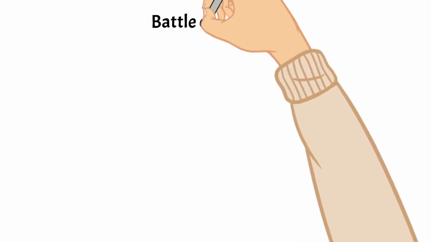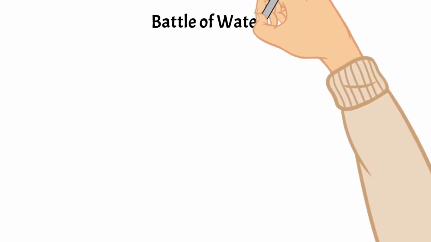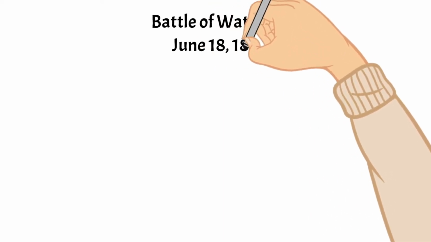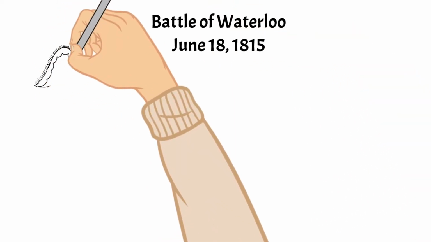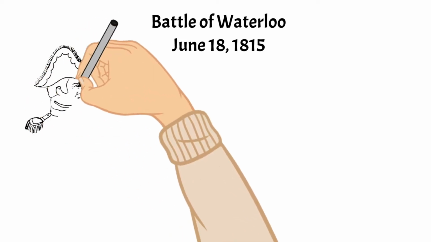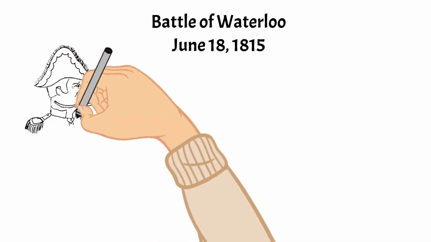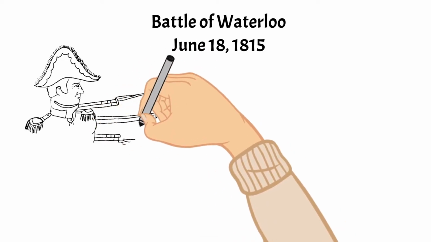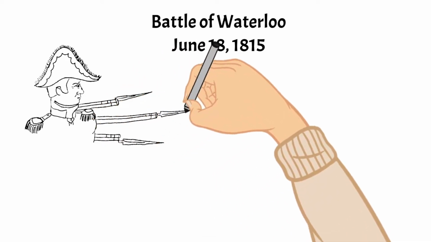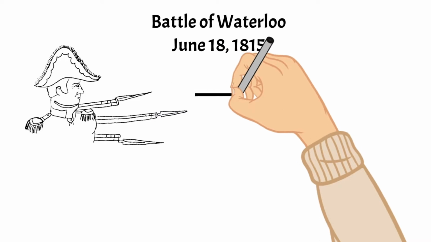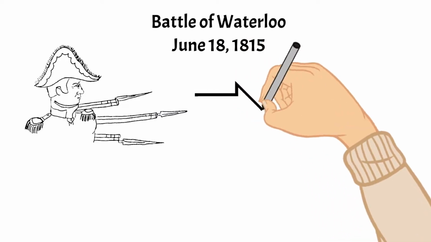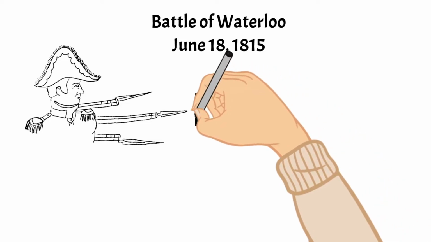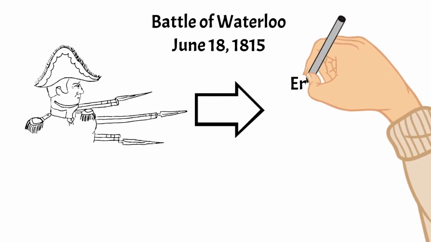The Battle of Waterloo took place on June 18, 1815, and is widely known as the final defeat of Napoleon Bonaparte. Remember, we talked some about Napoleon Bonaparte already in the last history video covering the French Revolution, and how he came to power in 1799 at the end of the French Revolution by seizing control of the government.